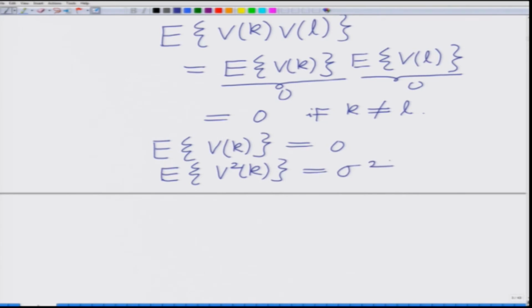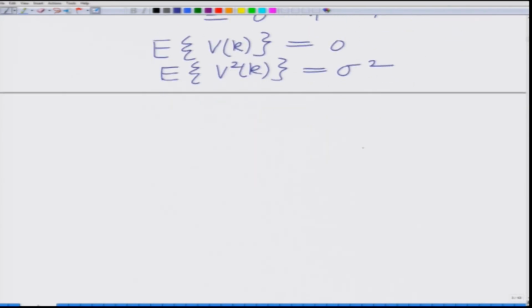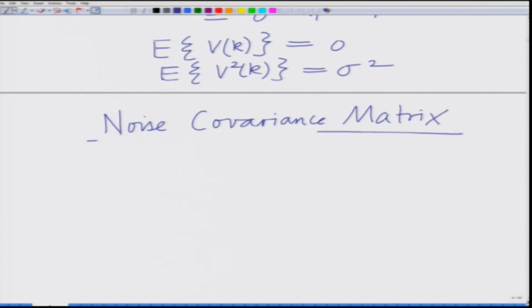Therefore, if we look at the covariance matrix of this noise, now what we want to look at is the noise covariance matrix, and what is this?